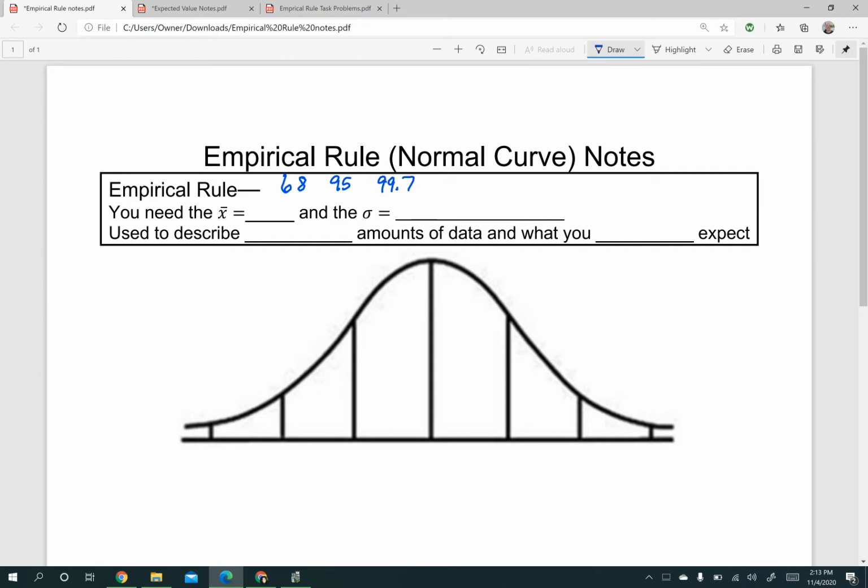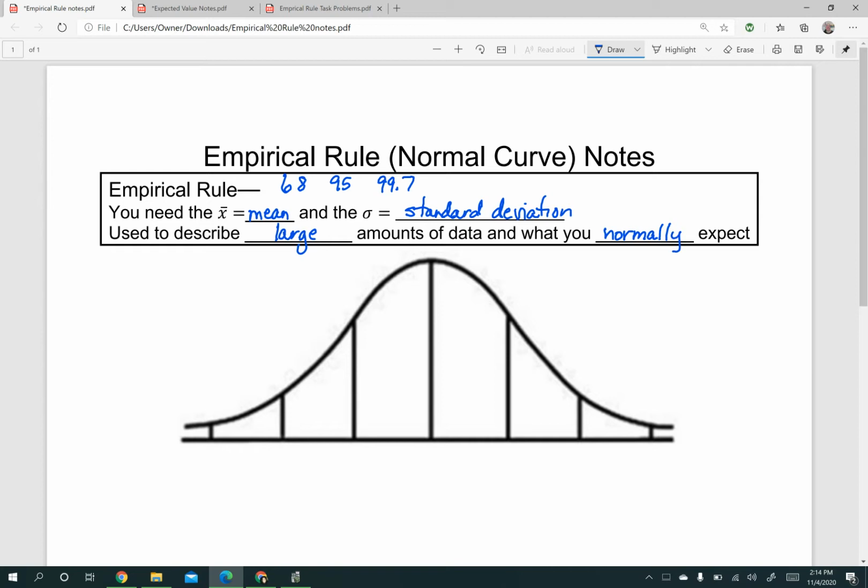You need the X bar, which is also called the mean, and this little symbol, which is called the standard deviation. And it's used to describe large amounts of data and what you normally expect.